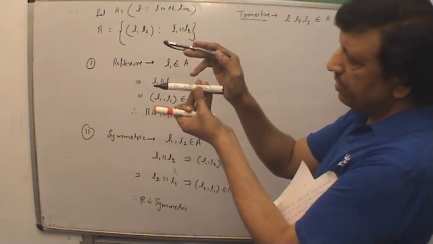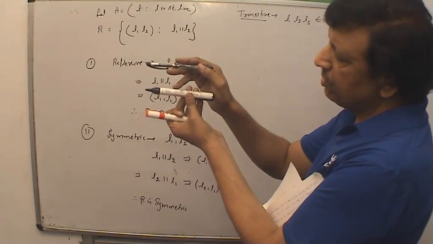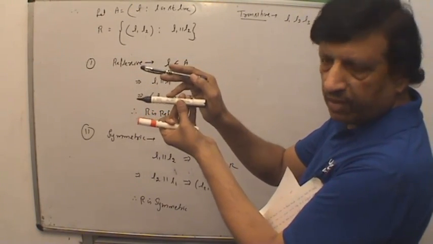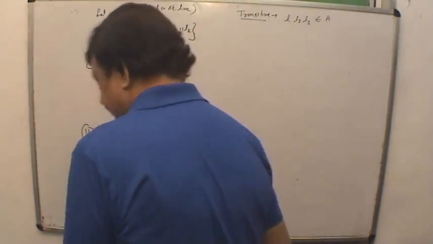If blue line is parallel to black, black is parallel to red, it means blue is parallel to red. It means the relation is also transitive.